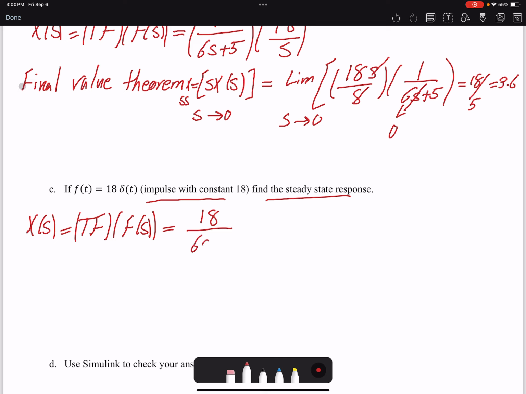But for this case, it's just 18. Again, if you want to find the steady state, the final value theorem is just saying adding s here. S equals 0. This would give us 0 value. That's what we expected for an impulse.